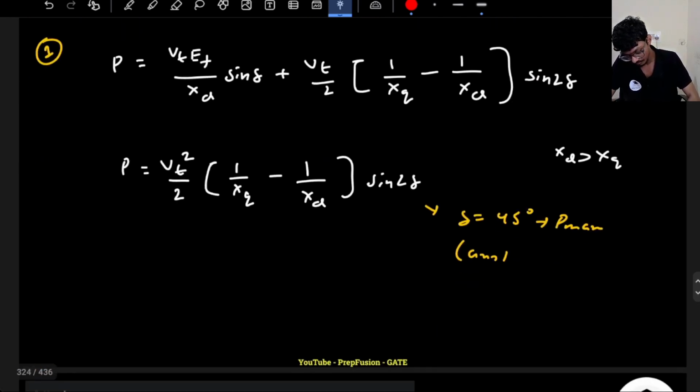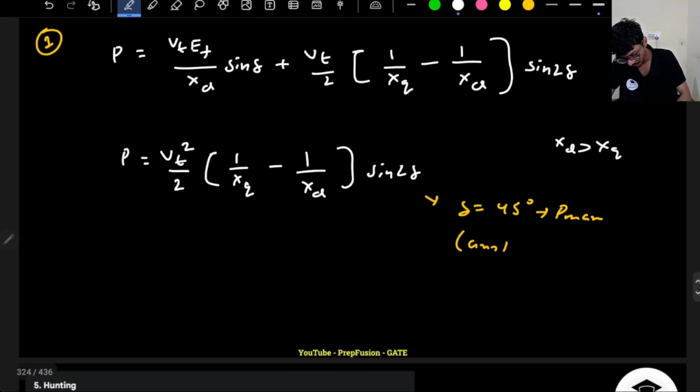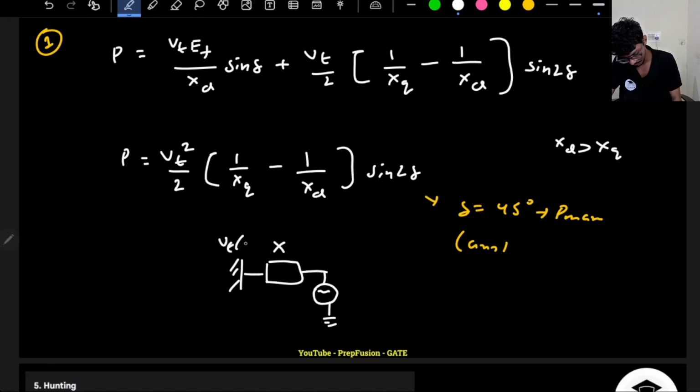Okay. So what is it? It is a motor, right? Motor, we know we have this reactance here, and then we have this motor connected, and then we have bus Vt angle 0, right?